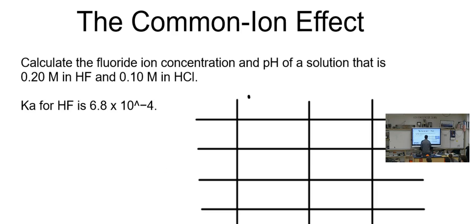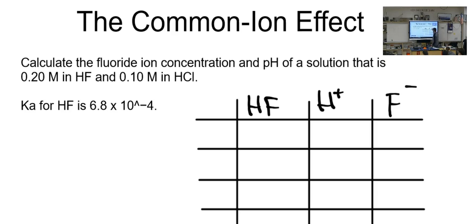We have our HF concentration, our H plus concentration, and our F minus concentration. It's just an ice table, which we sort of abandoned before and will sort of abandon again very quickly. The difference here is instead of just having your weak acid and then your X squared, we do have some stuff to start with.